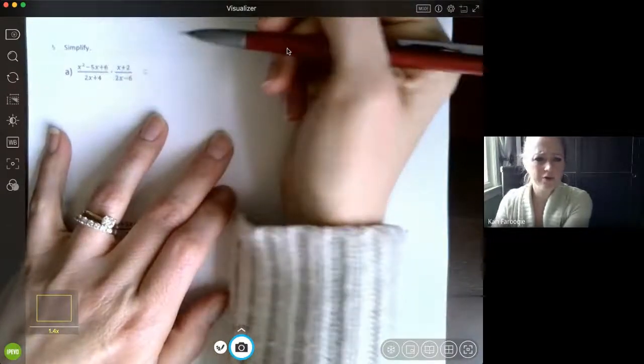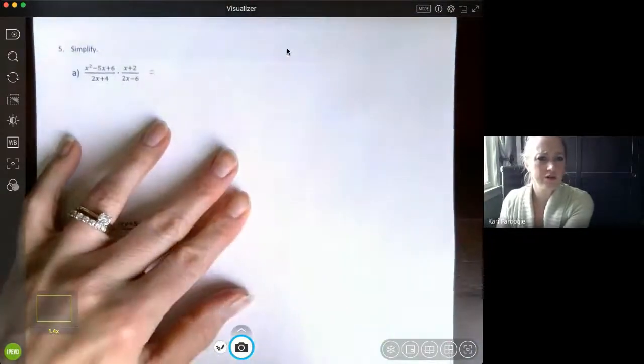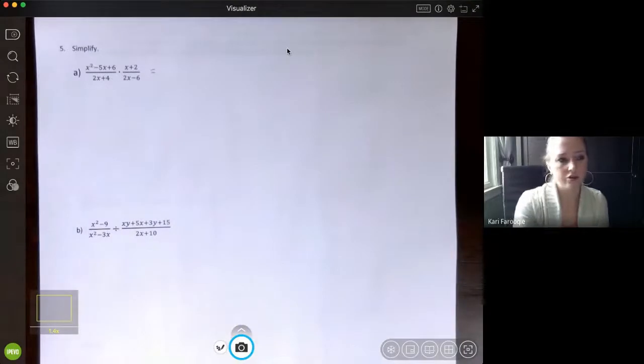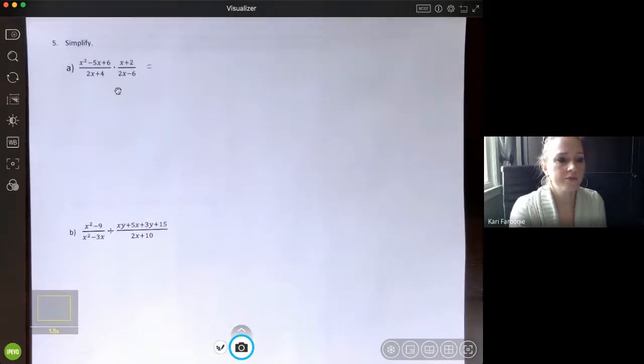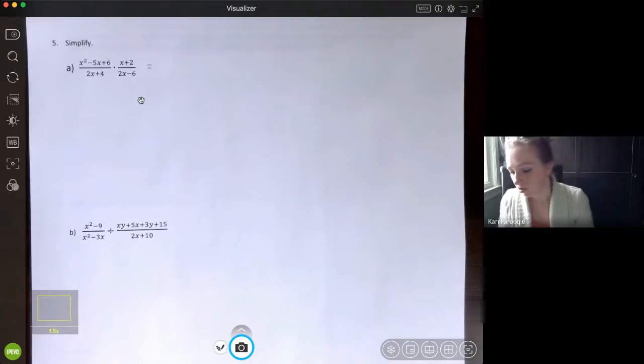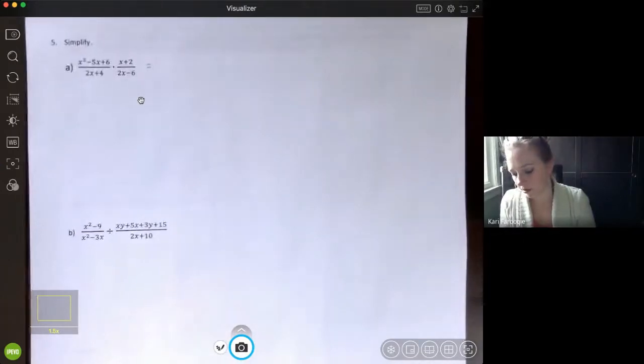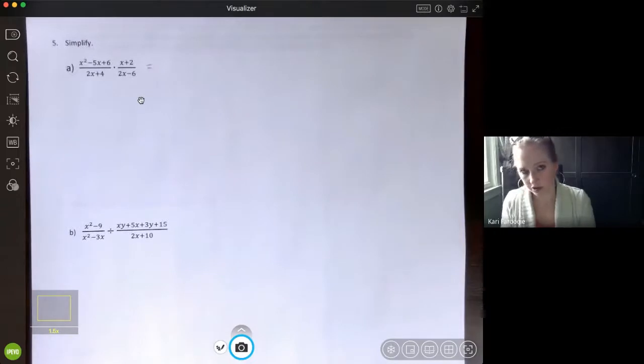Make sure you're looking for numbers that multiply to 6 and add to -5. In this case, those numbers are -2 and -3.